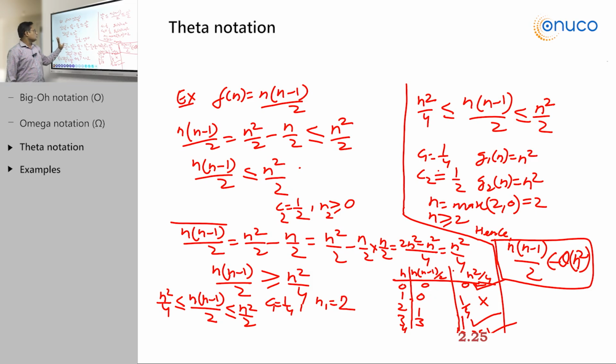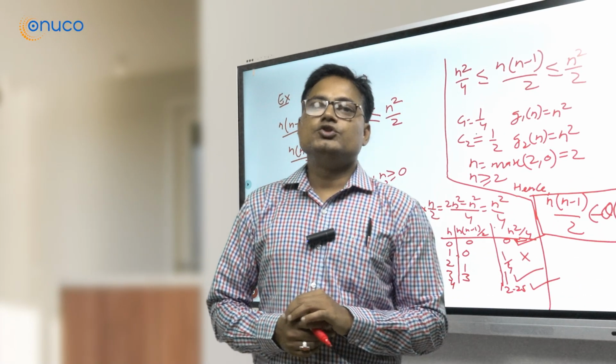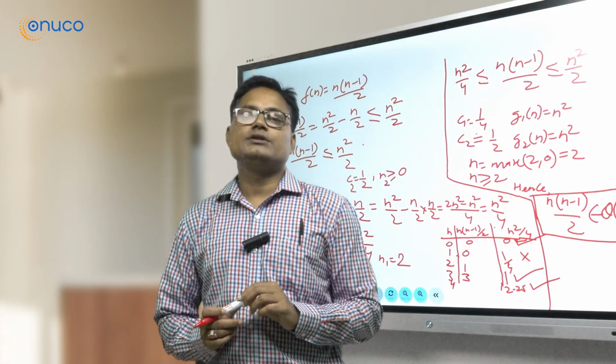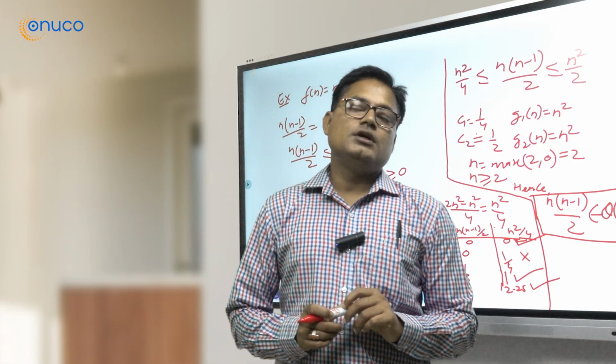So this is all about your asymptotic notations. I hope you understand the difference between all three notations: big O, big omega and theta notations. This conclusion is useful for finding proper notations for the given efficiency class.